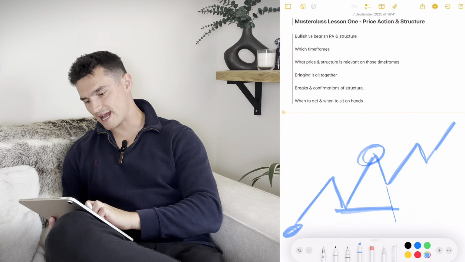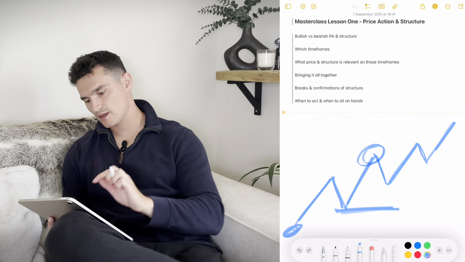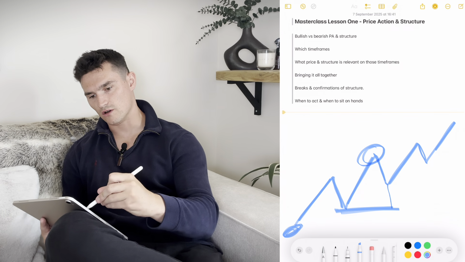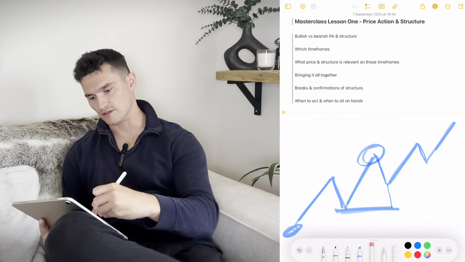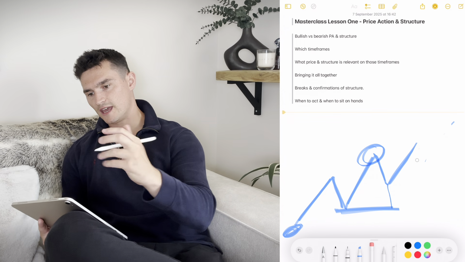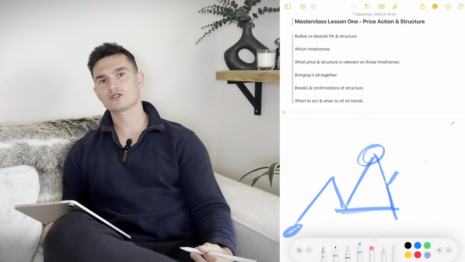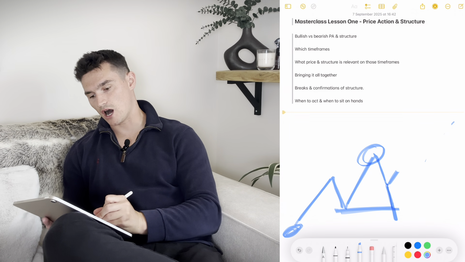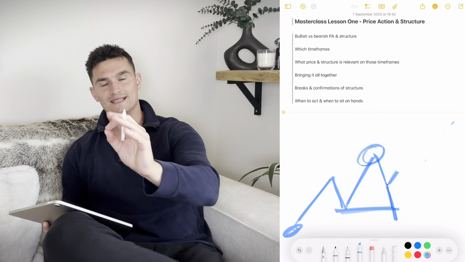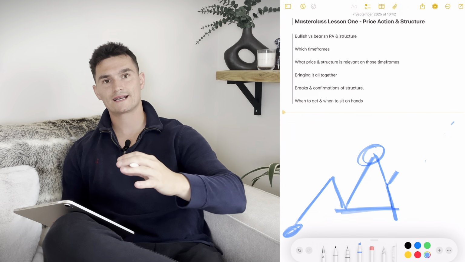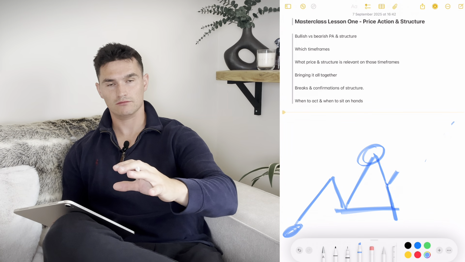What is actually correct is, let's get rid of this and make it less confusing, if we came down here and we body closed below that previous higher low, then yes, that is a true clean break of structure. Wicks are not breaks of structure.